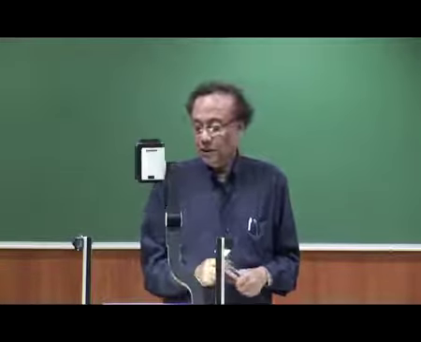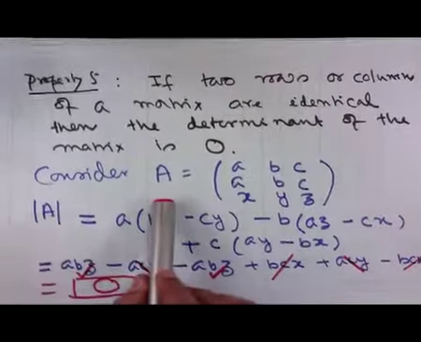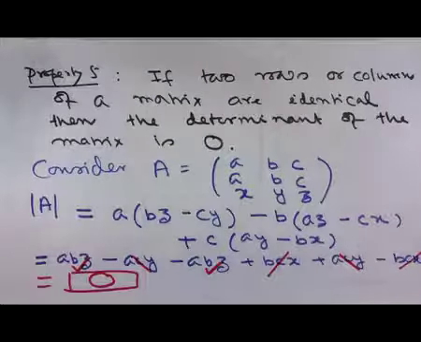I have shown it by expanding along the row, but we know that the determinant of A is the same as the determinant of A transpose. So, if we take the transpose of the matrix, the first and second columns are going to be identical, and in that case also its determinant is going to be 0.